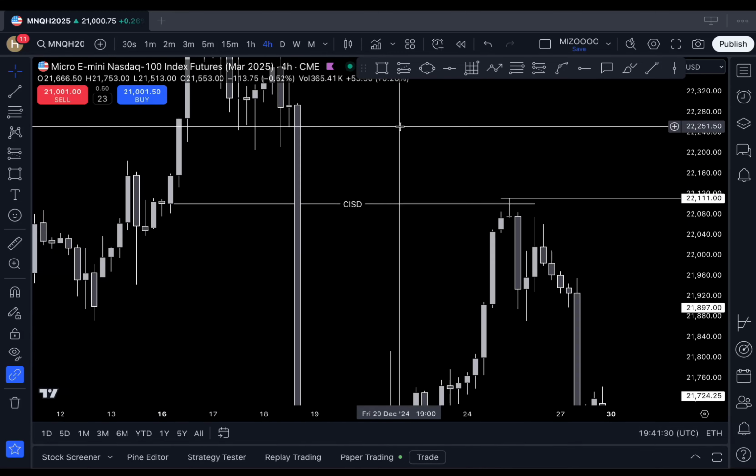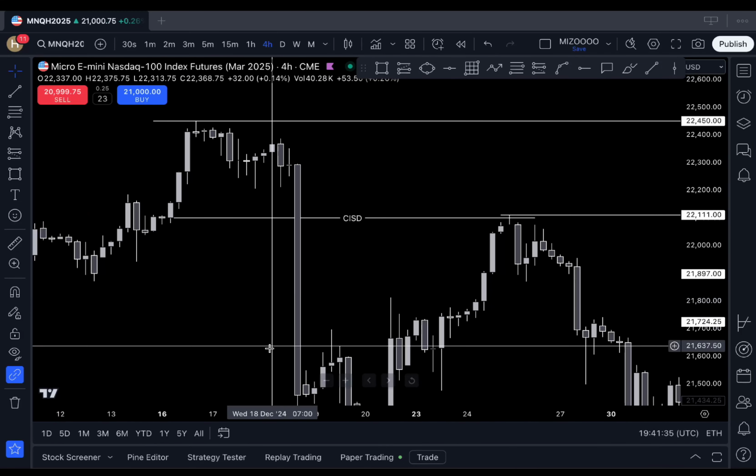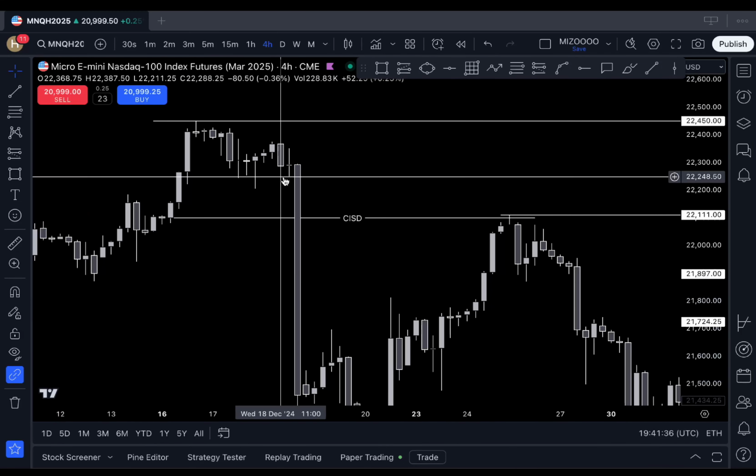Now, as we can see, price came back in, rebalanced this change in state of delivery, rebalanced this imbalance here, and then went lower. So this is what you're going to be looking for in all of your change in state deliveries. You want to see a rebalance into the change in state.